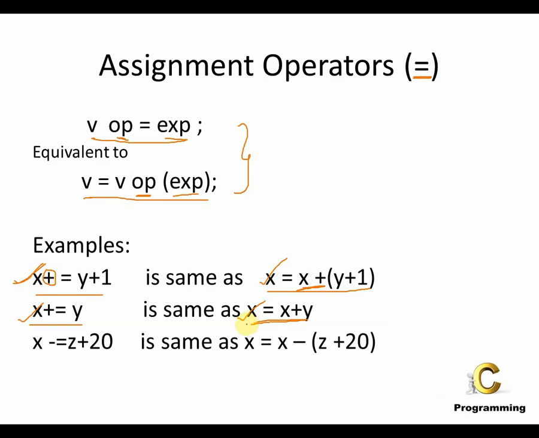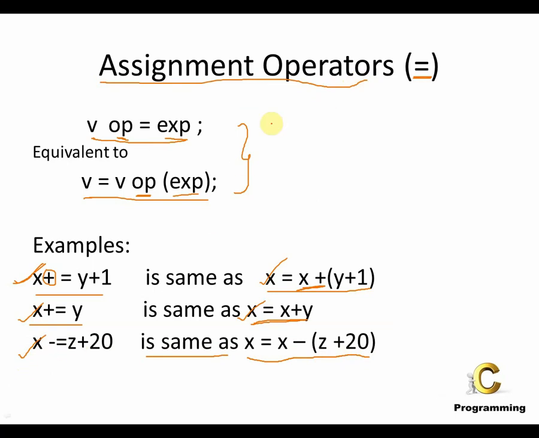The next and last example is this one, where x minus equal to z plus 20 is equivalent to x equal to x minus z plus 20. So basically you see over here, the assignment operator is purely used to assign any value to a variable.